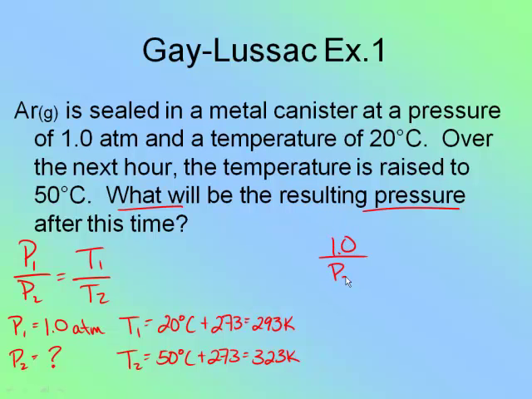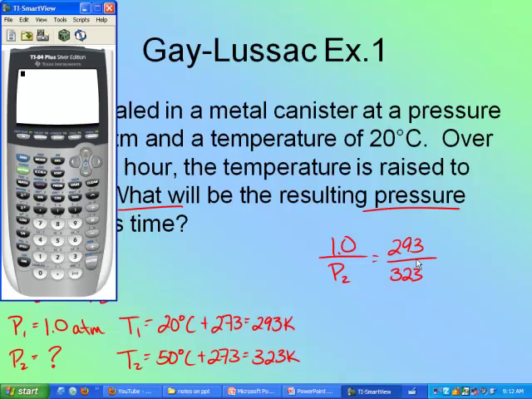Plug it into our formula. 1.0 over P2 is equal to 293 over 323. Go to my handy dandy calculator, and I go 1.0 times 323 divided by 293.